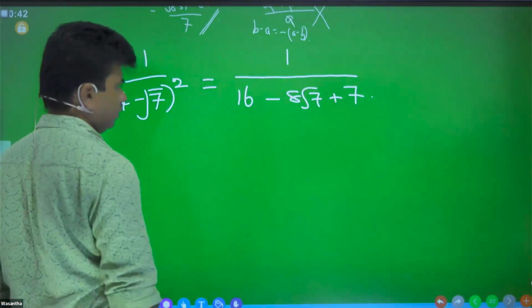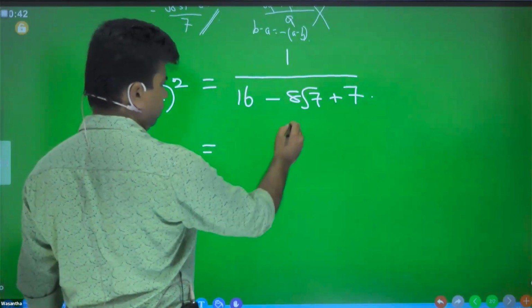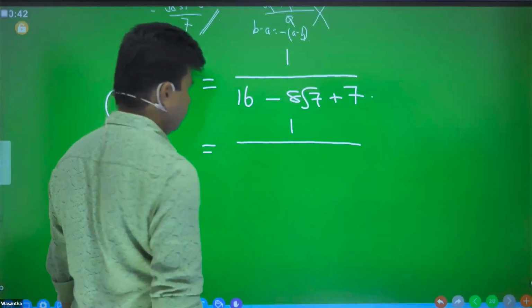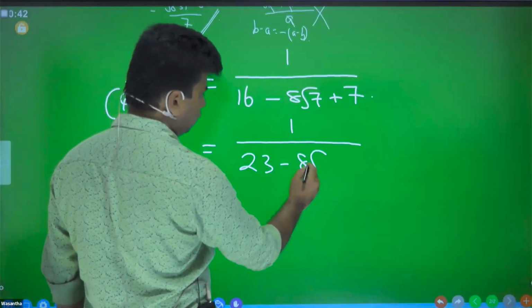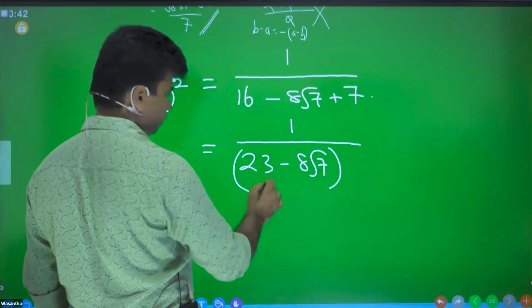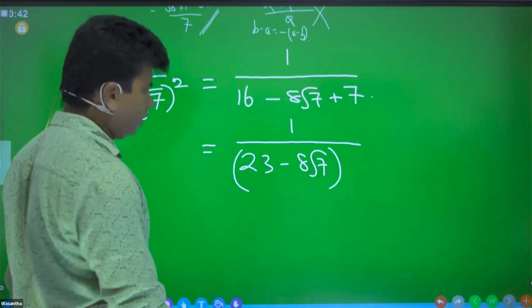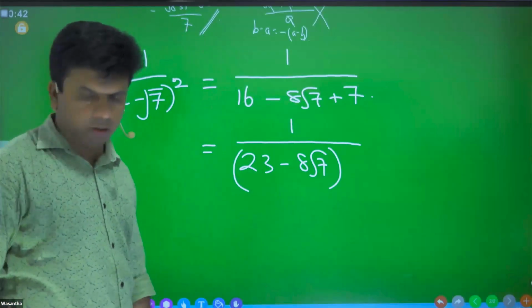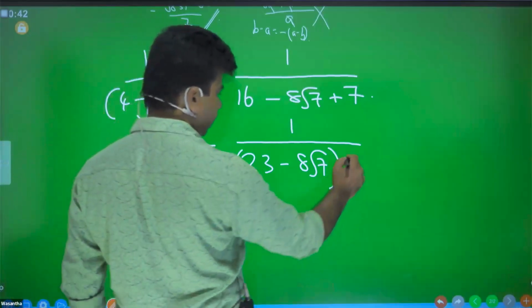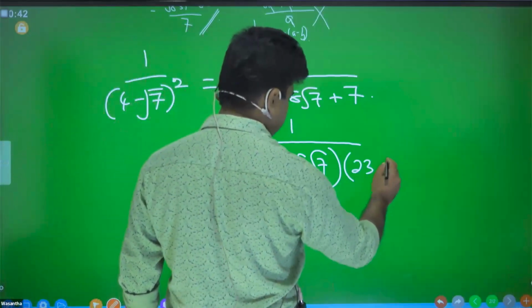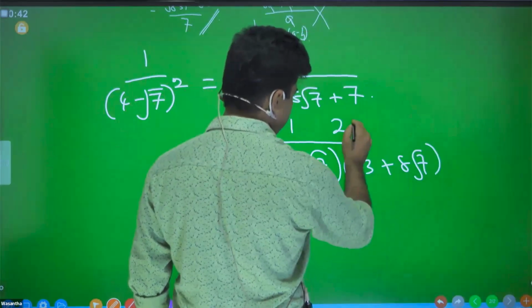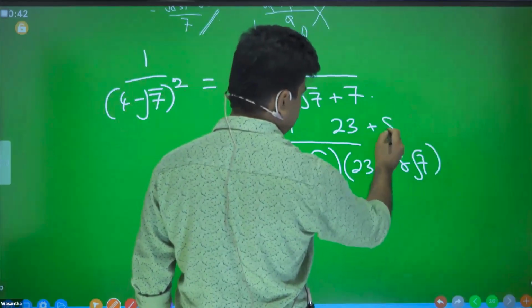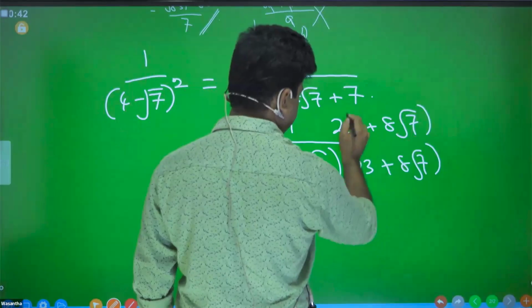Therefore, you will have 16 plus 7, 23, minus 8 root 7, squared. Clear? Then the conjugate is 23 plus 8 root 7, and here also 23 plus 8 root 7.